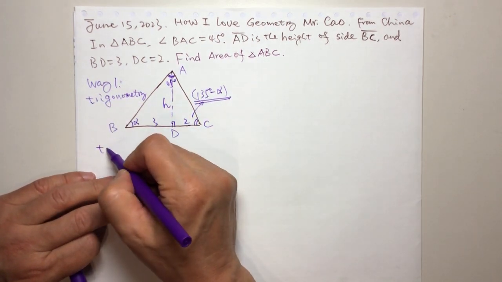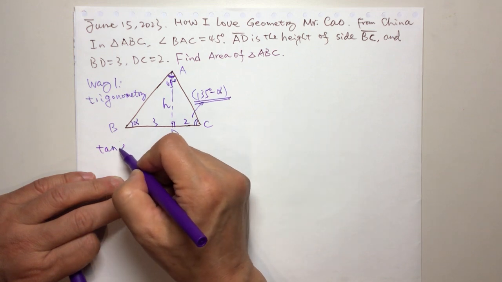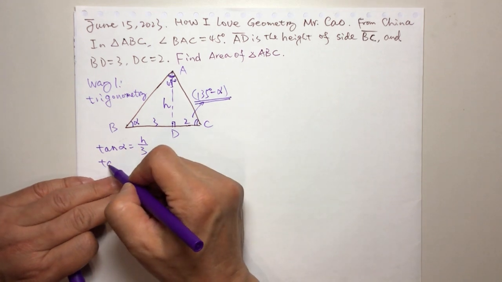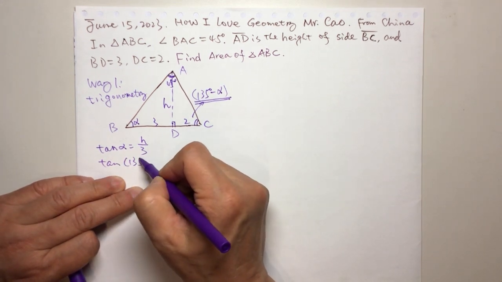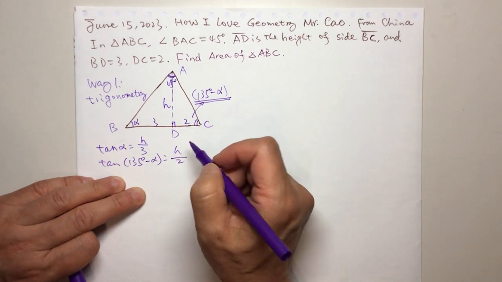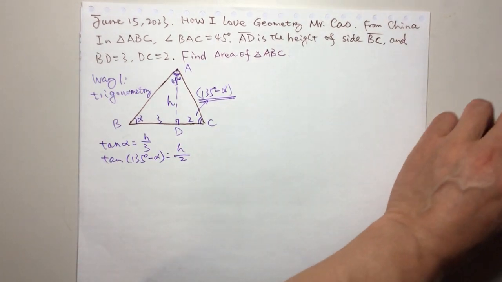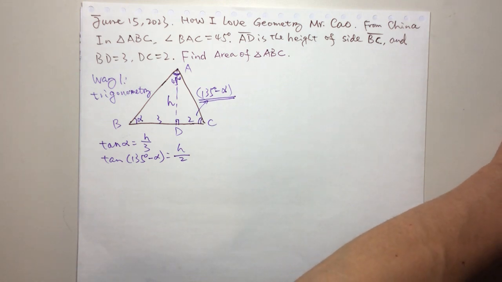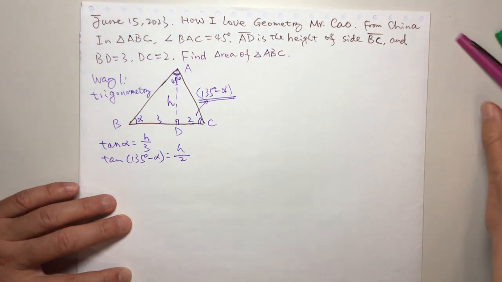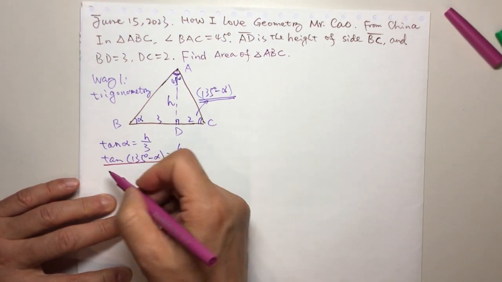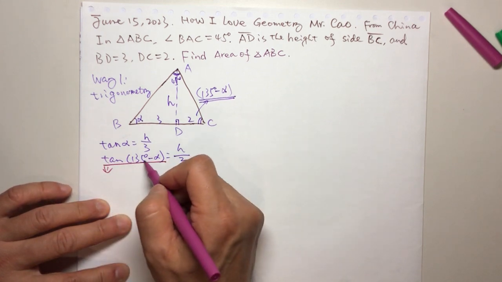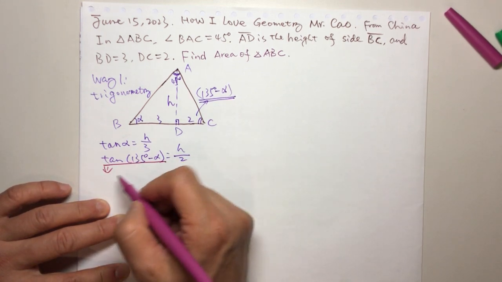We know tan alpha equals h over 3, and tangent of 135 degrees minus alpha equals h over 2. Okay, we can use this important relationship between them to find the final answer, because we can get the formula for tangent of alpha minus beta.